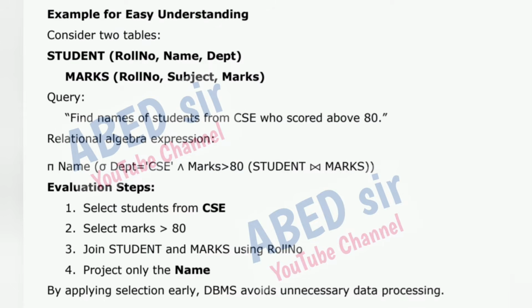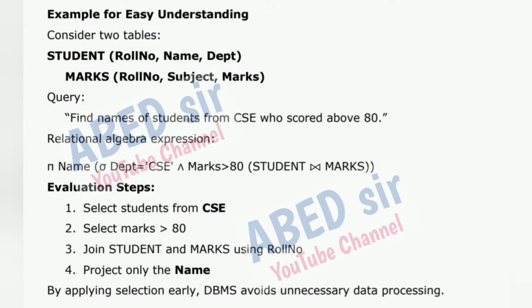Example for easy understanding. Consider two tables. Student: roll no, name, dept. Marks: roll no, subject, marks. Query: Find names of students from CSE who scored above 80. Relational algebra expression: pi name, sigma dept equals CSE, marks above 80, student join marks.